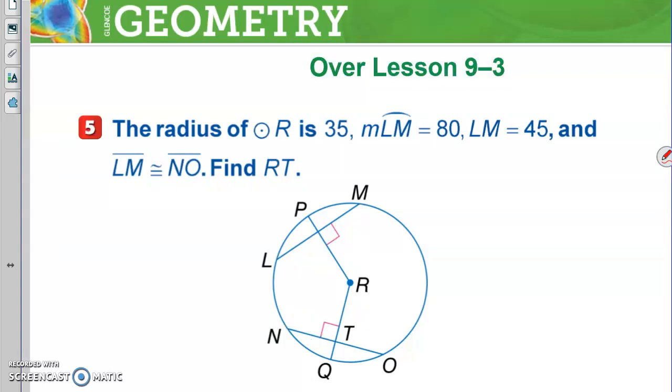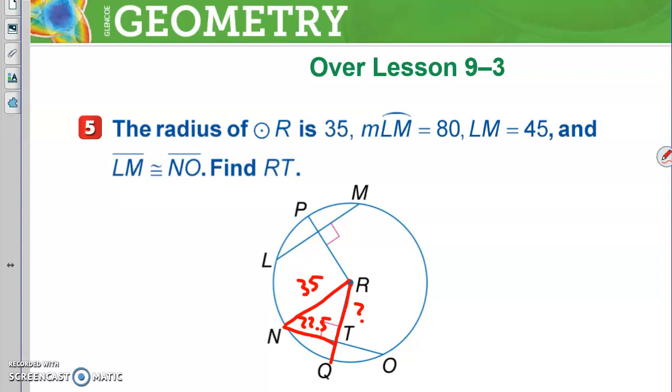And finding RT. So we want to find this right here. We know this one, we just found it was 22.5. We know that that would be a radius, and they said that all the radii were 35.